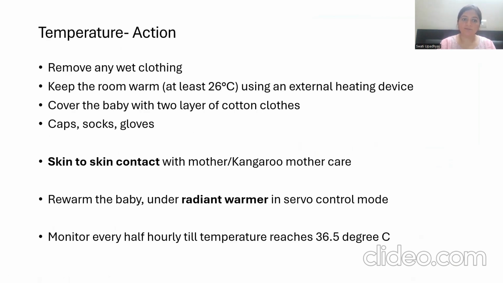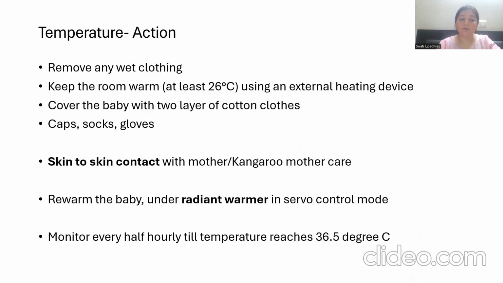If mother is here, start skin to skin contact immediately or do kangaroo mother care. If the temperature is particularly below 36 degrees, rewarm the baby actively under radiant warmer in servo control mode. Monitor every half hourly till temperature reaches 36.5 degrees Celsius.